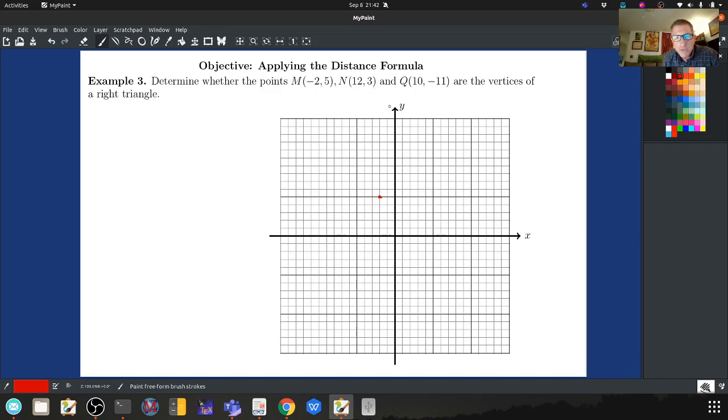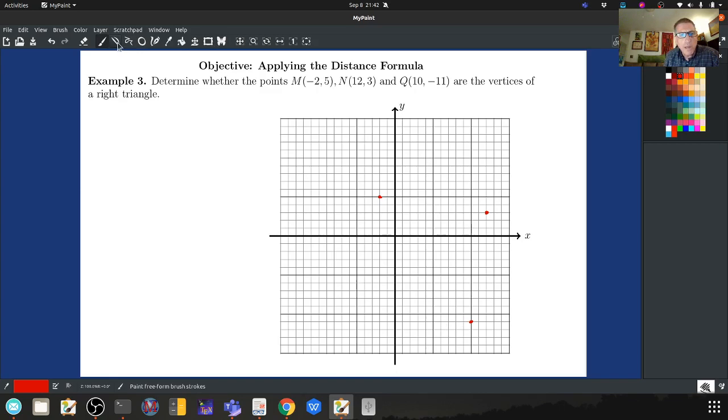The other is 12 and 3. So that's 5. There's 12. 1, 2, 3. And the other one is 10, which is there, and minus 11. You probably can't see that, but these 5 markers are slightly darker.